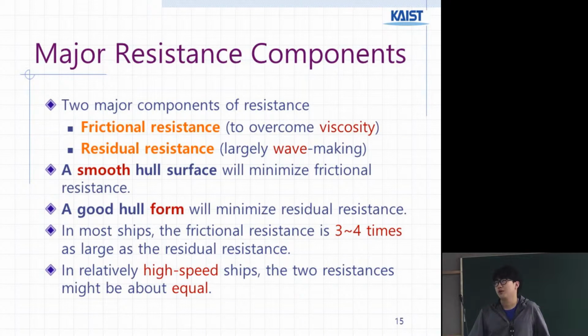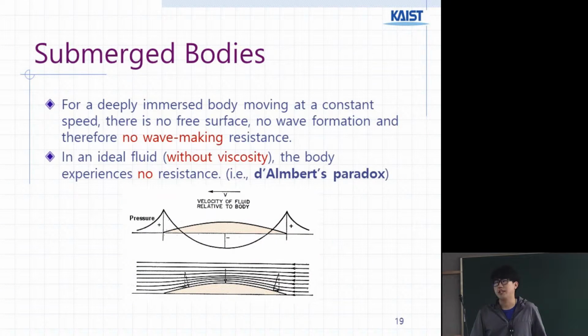Maybe the example is a battleship. In the case of a battleship, the frictional resistance and residual resistance might be about equal, having the same magnitude.